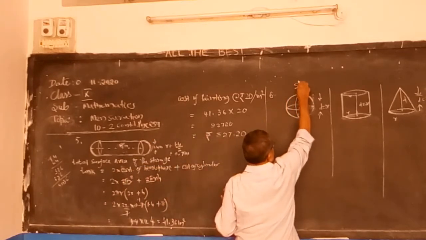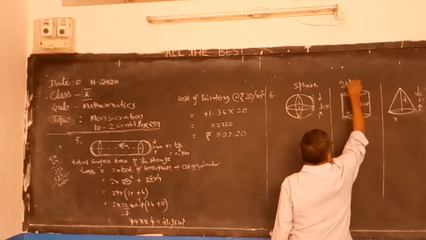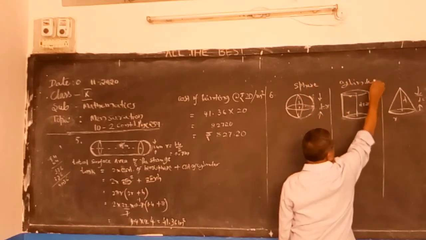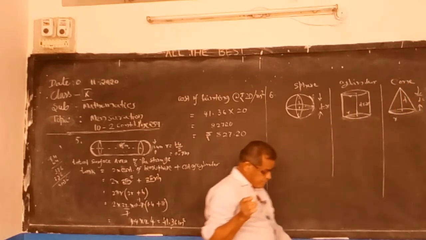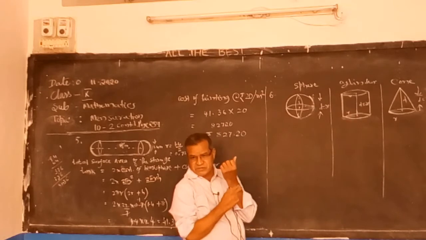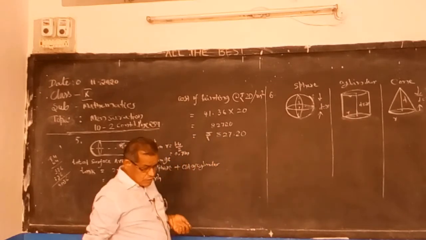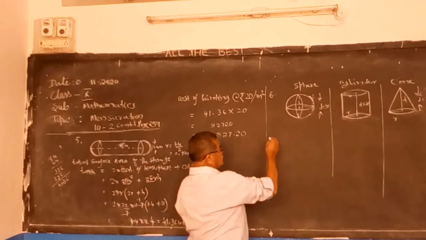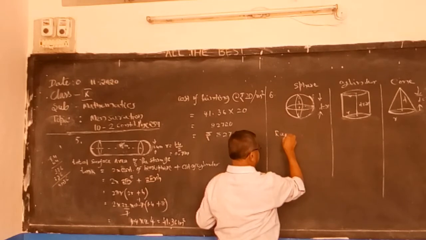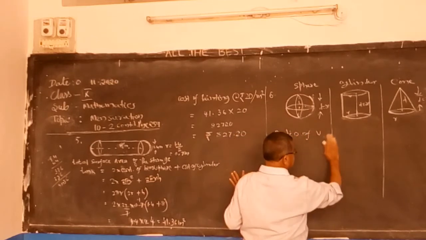This is the sphere, this is the cylinder, and this is the cone.